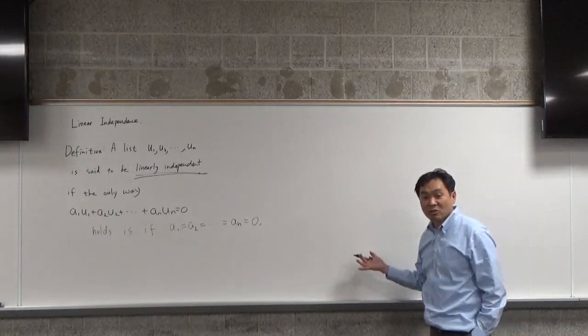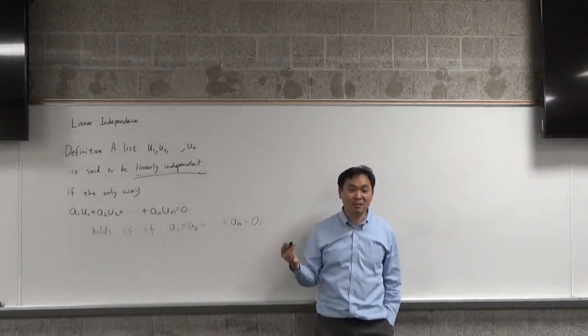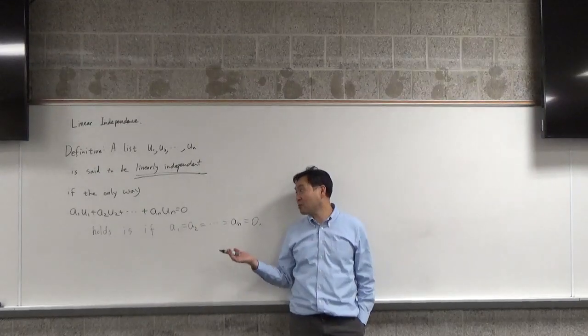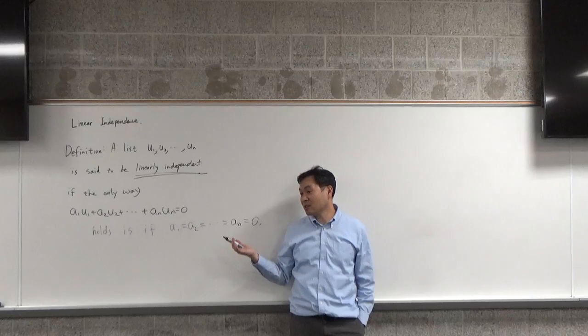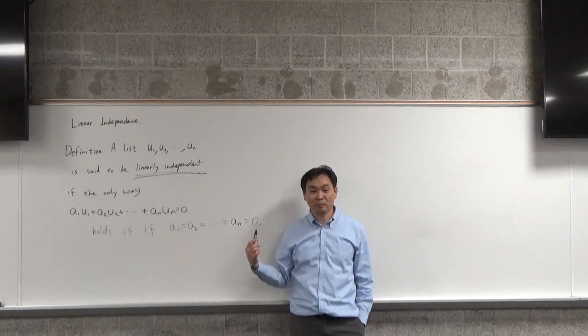That will be the exact opposite of linear dependence, right? The only way you can have a linear combination of vectors equal to 0 is if all the coefficients are 0.